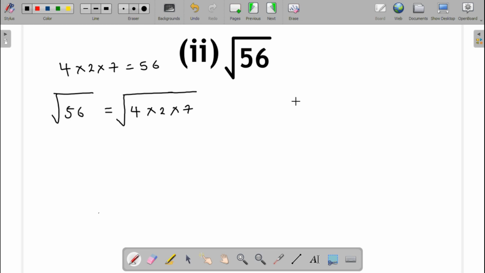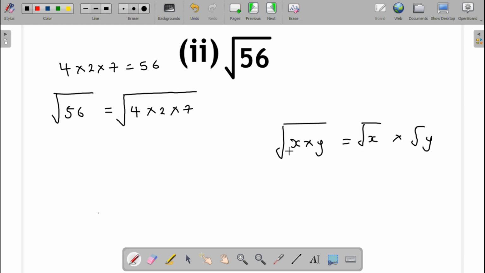Now, following the rules of surds, if you have root of x times y, where x and y are joined by times, in a surd it can be separated as root x times root y.